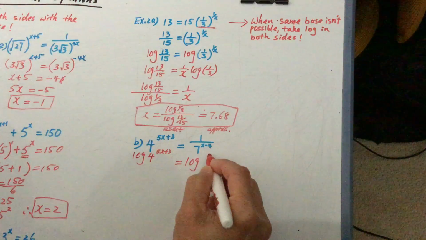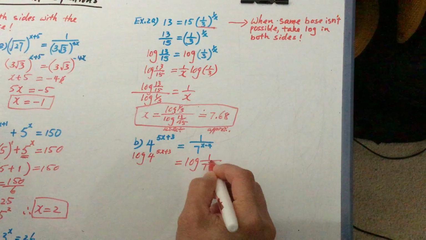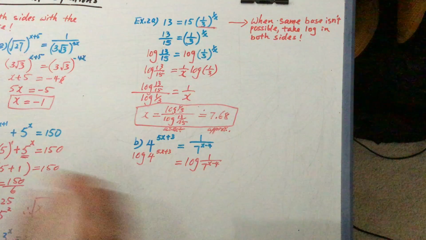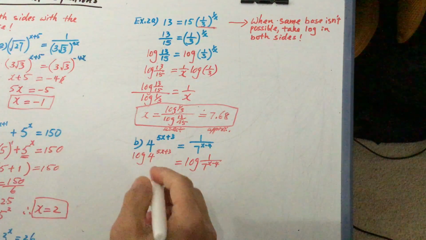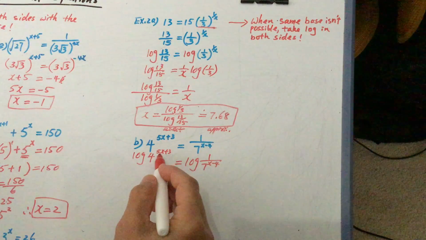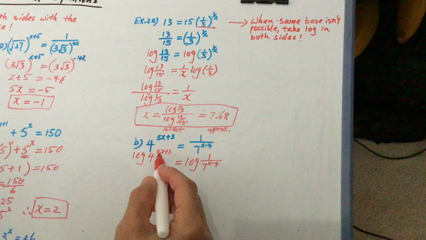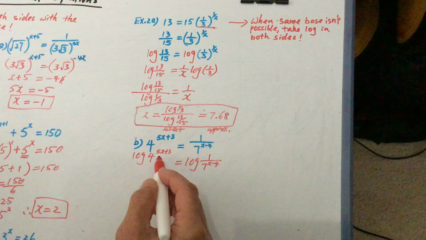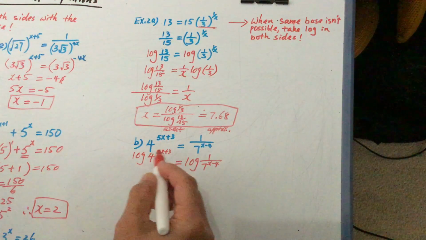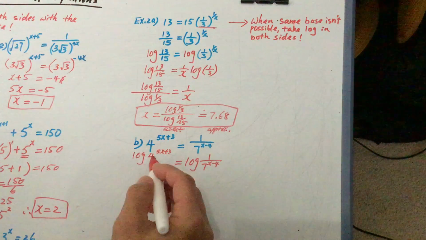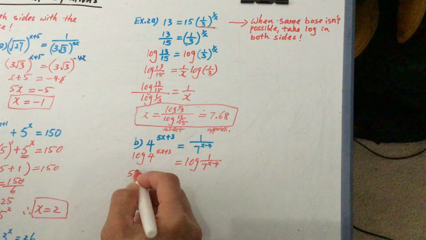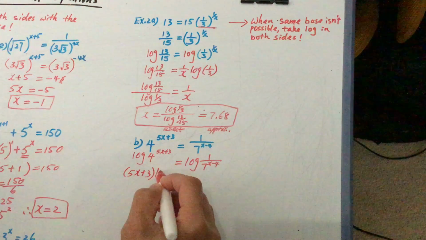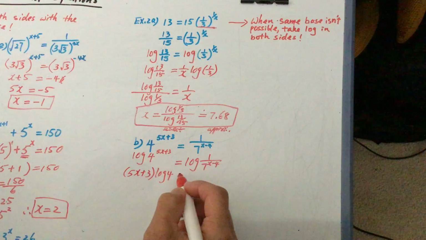So you're taking the log of 1 over 7 to the x minus 4. And what you do over here is that you can bring the exponents outside. So you have 5x plus 3, in brackets, times the log 4.